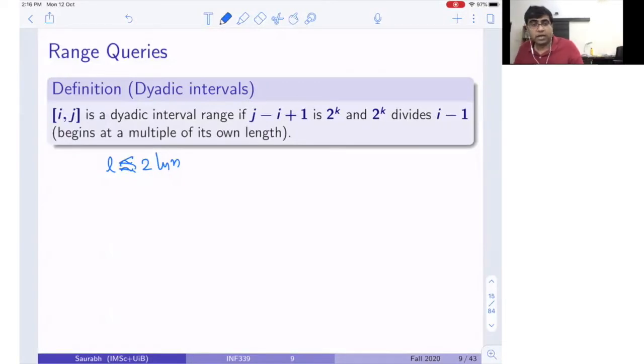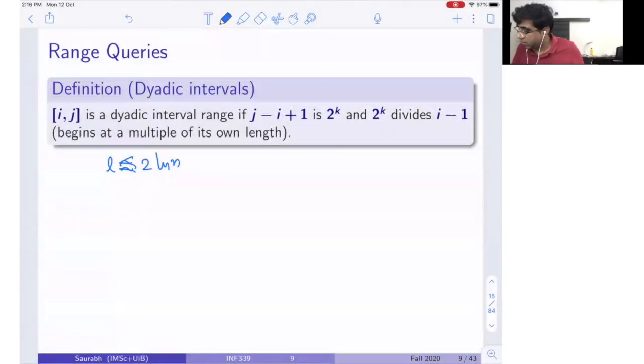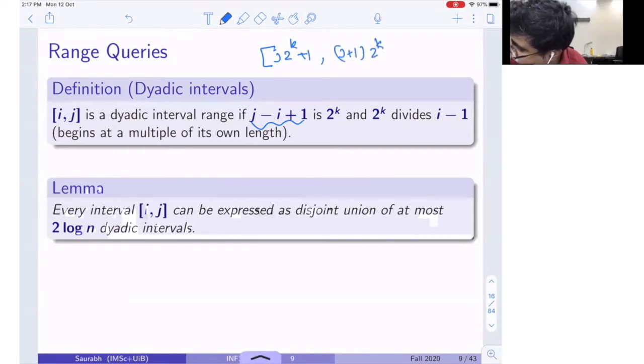Okay, so notice that i comma j is a dyadic interval range if j minus i plus 1, the length, is 2 power k, and 2 power k divides i minus 1. Or in other words, you can think of it as starting at some j times 2 power k plus 1 and ending at j plus 1 times 2 power k.